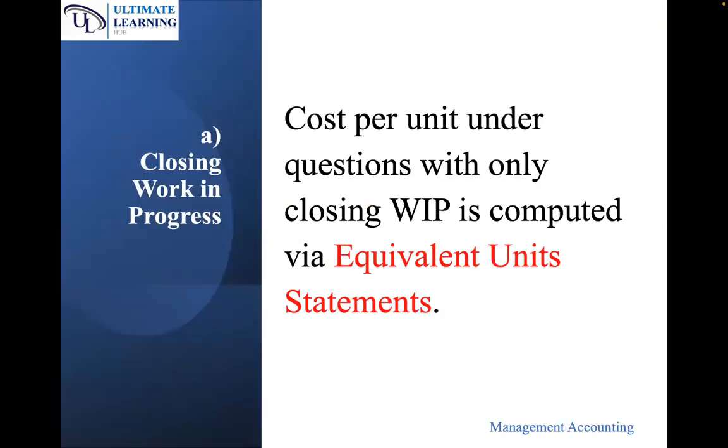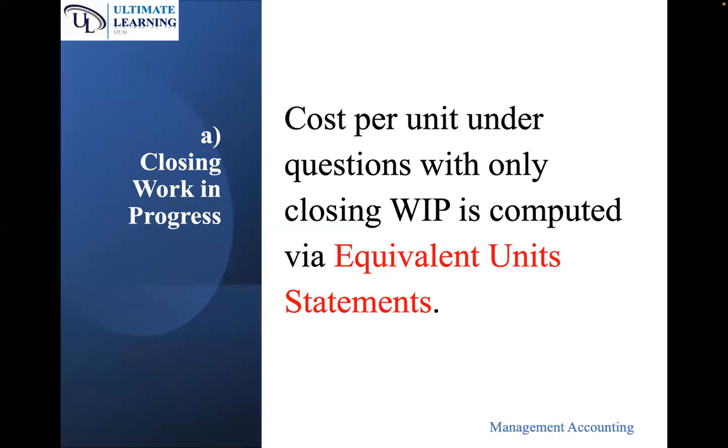Now, in process accounts with closing work in progress, we need to calculate the cost per unit. So in order to calculate the cost per unit under questions with only closing work in progress, we need to calculate the cost per unit. But before you calculate the cost per unit, there is a statement which is called the equivalent unit statement, which you need to prepare.